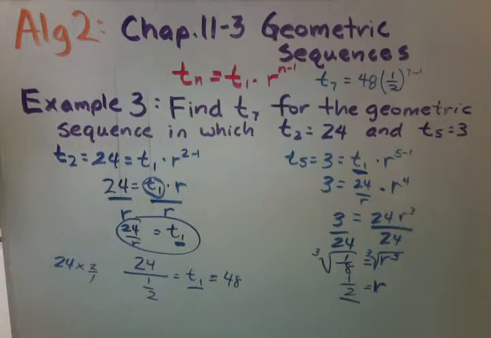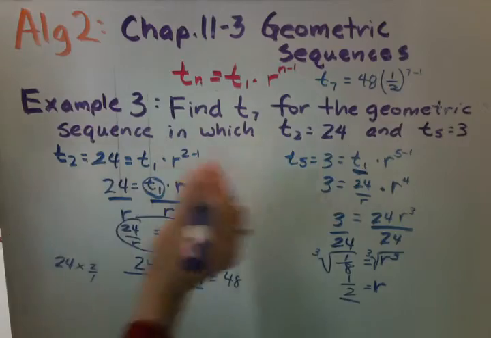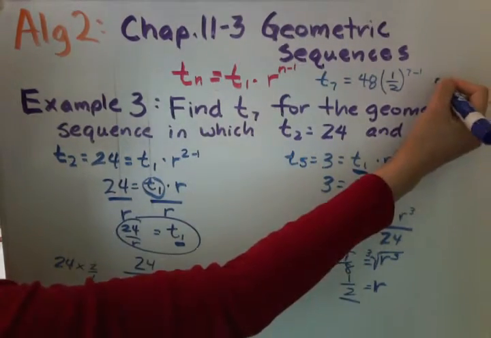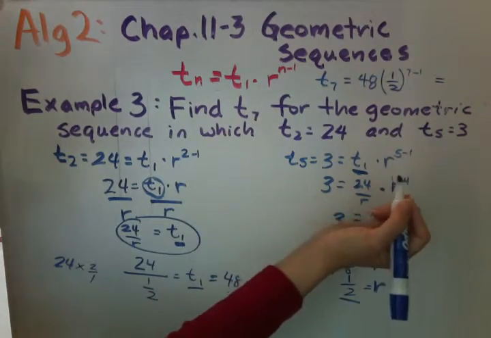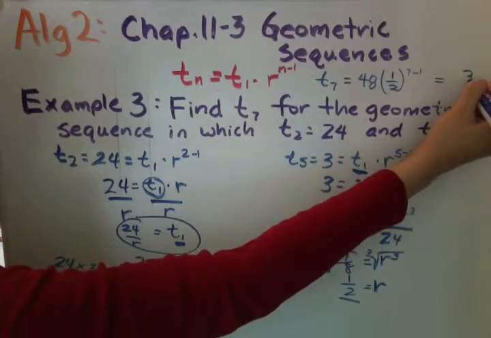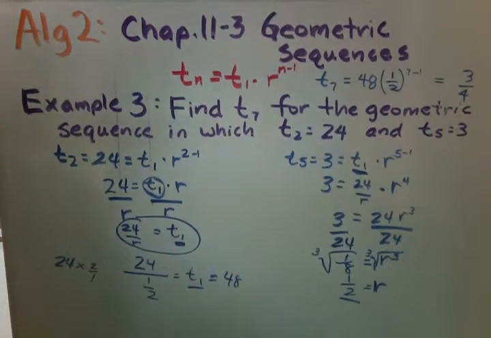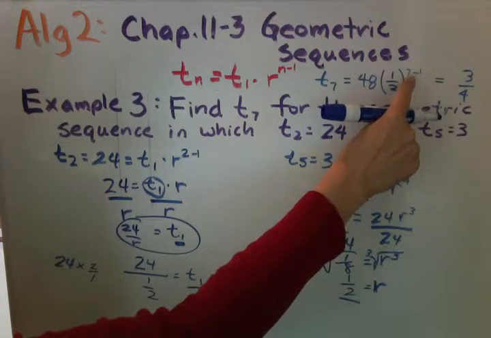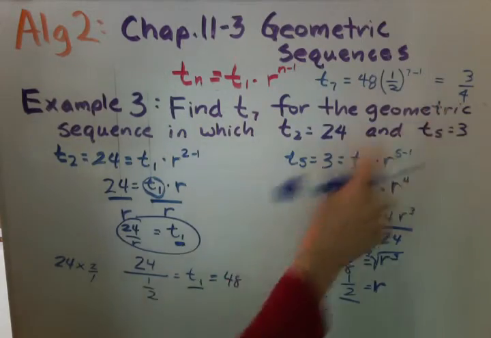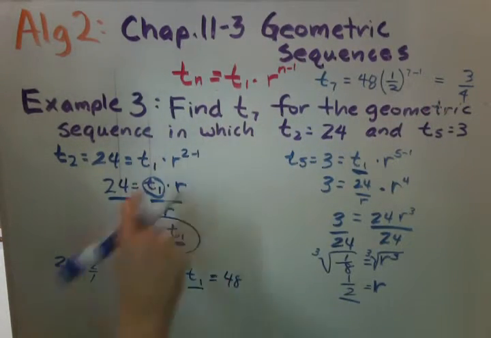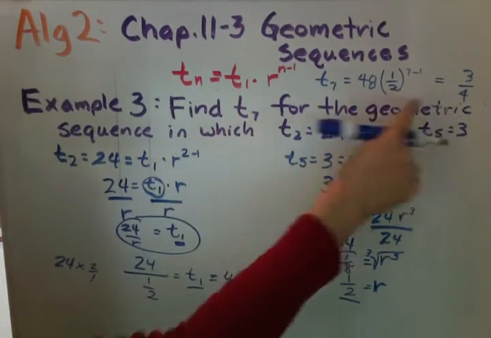And the rest is just algebra, which you will get as an answer 3/4. Your teacher may allow you to use your calculators, or you can just multiply half to the 6th power times 48, which you'll get 3/4. So the value of the 7th term is 3/4.